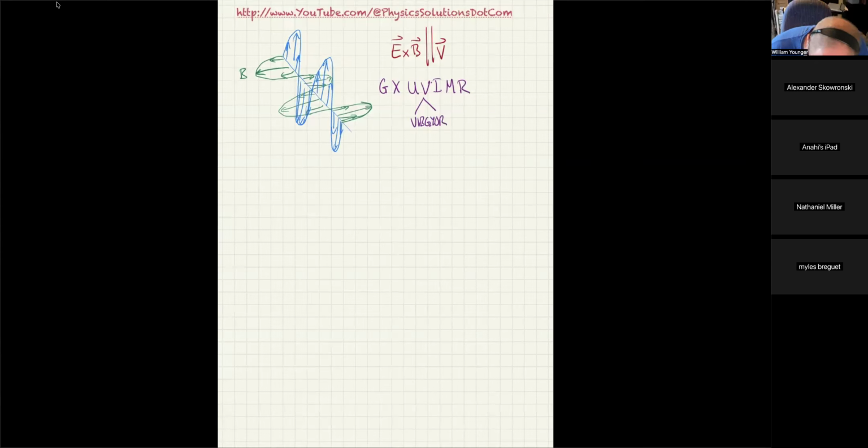This end of the spectrum is in fact about 750 nanometers, and this end of the spectrum is about 350 nanometers. So it's a very, very small sliver. Now, the G is gamma rays, the X is X-rays, the U is ultraviolet, the V is visible, the I is infrared, the M is microwave, and the R is radio waves.